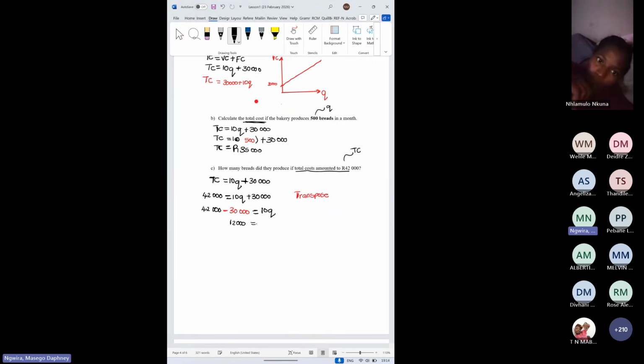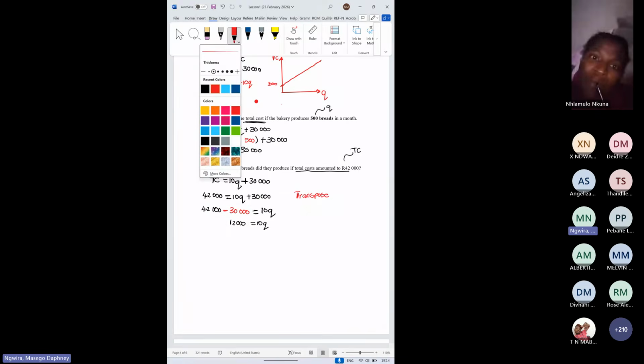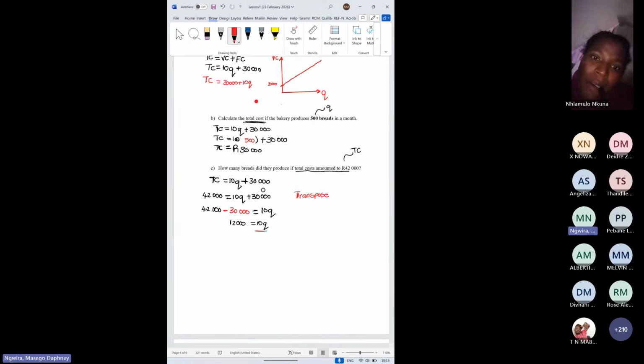Then we have 10Q equals 12,000. I don't know which method you'll understand: either you divide by 10 on both sides or you transpose again. Let's divide by 10. So we divide by 10 on both sides because we want to remove the 10.